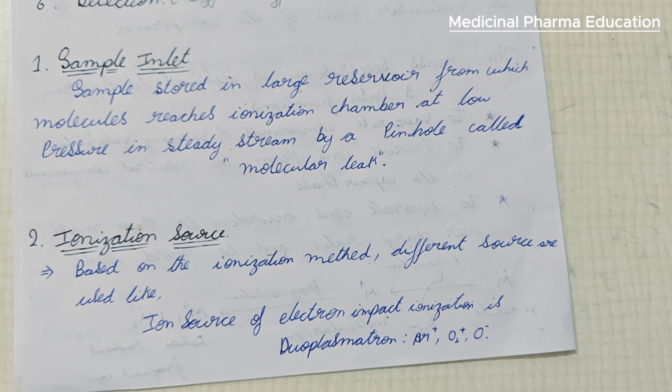The first ionization source is the duoplasmatron, using argon plus, O2 plus or Cs minus. These are sources used to bombard the sample.